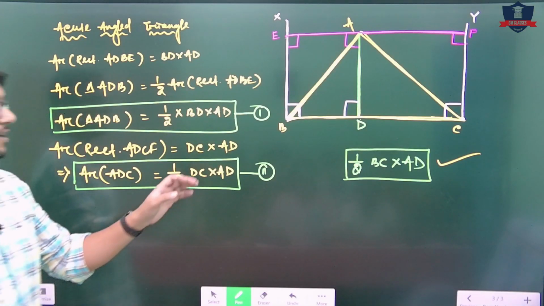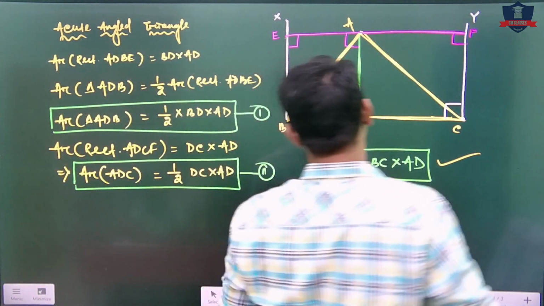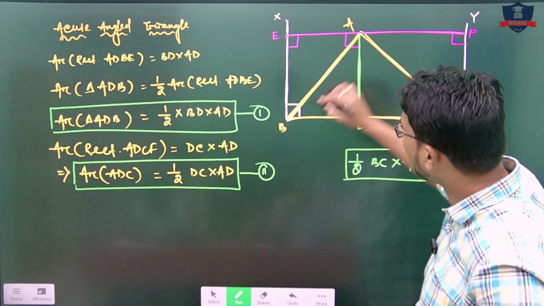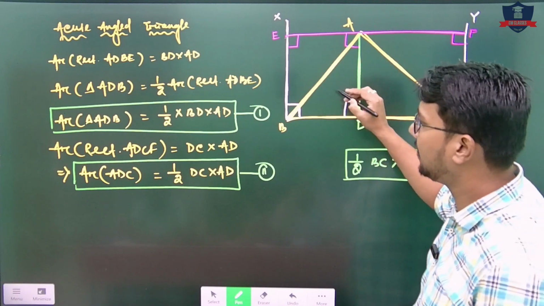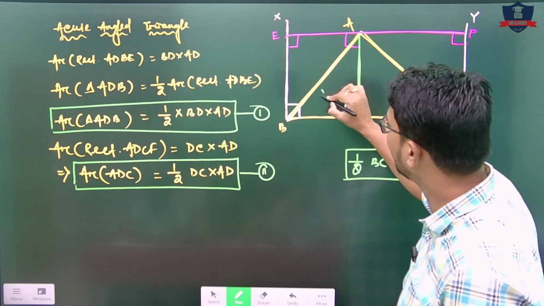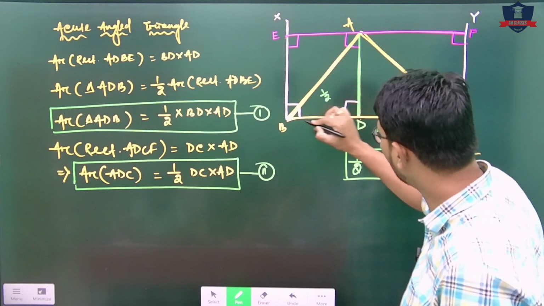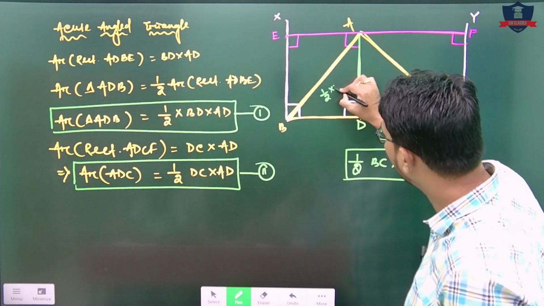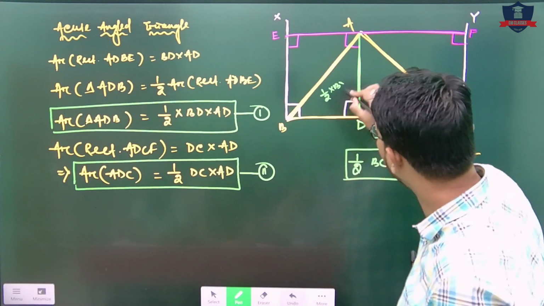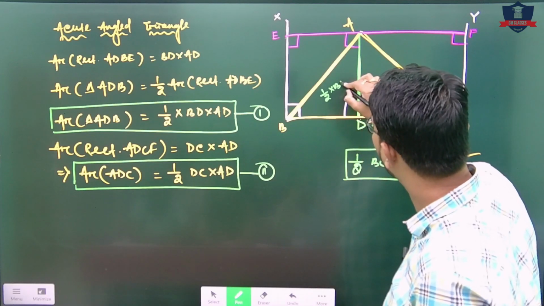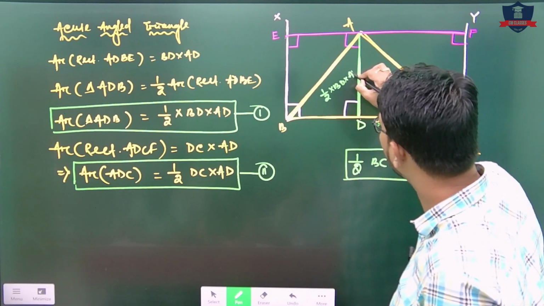So we have got area of ABD is how much? Half into BD into AD.